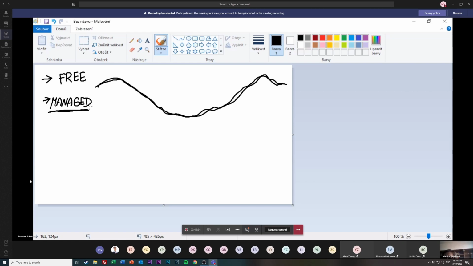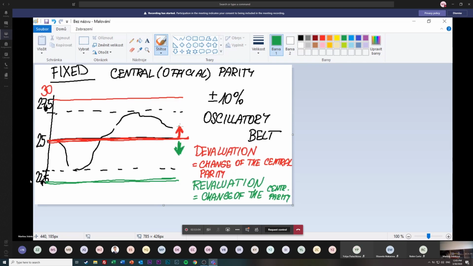So once more, it was devaluation if there was the change of the central parity. So me as a central bank will do the new declaration. I will say now we are changing the central parity to 30 from 25. So it's devaluation of the currency.